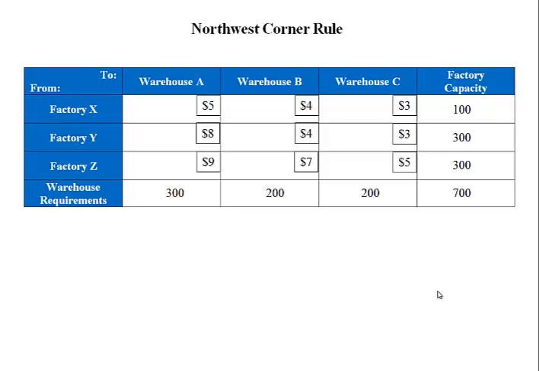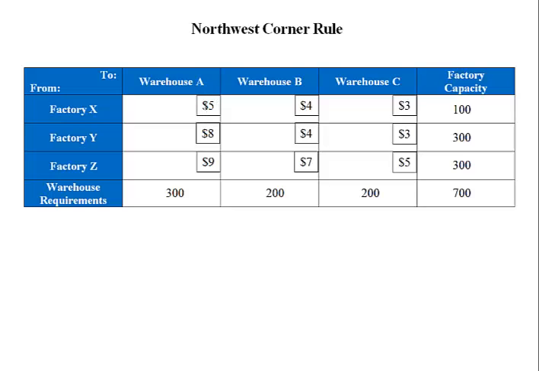So in order to start with the northwest corner rule, of course, we will start in the northwest corner, which is here. And in starting, we will look to see what our capacity is and what our demand is. And in this column, we will look to find the optimal.